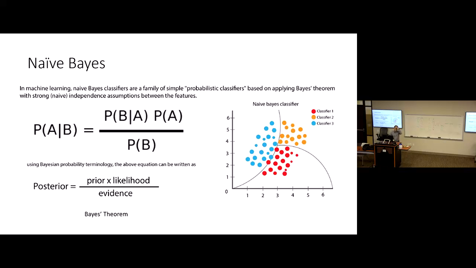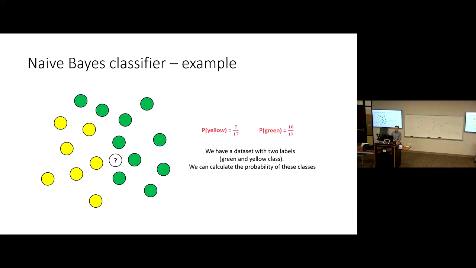Okay, so the naive Bayesian method just uses the Bayesian formula to compute a posterior probability by looking at the prior probability and the likelihood. So this is an example.